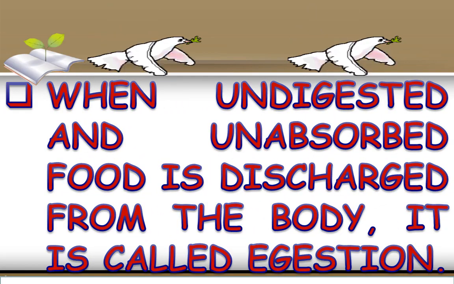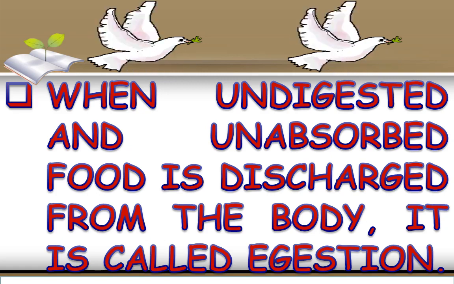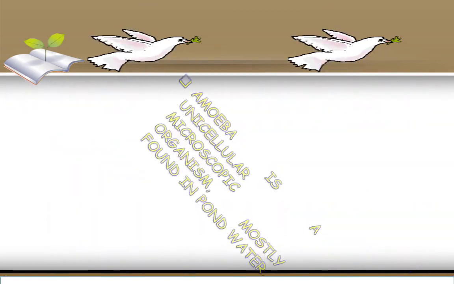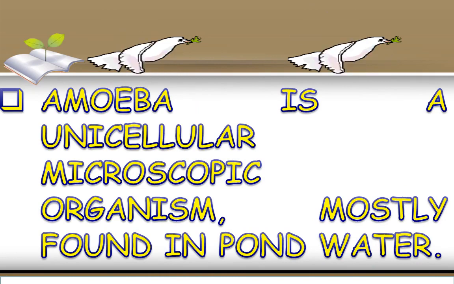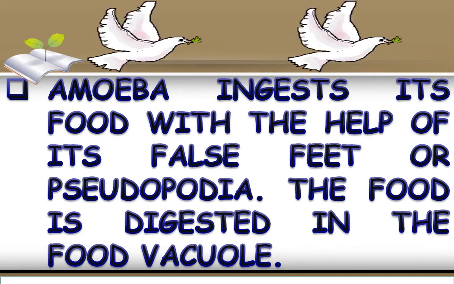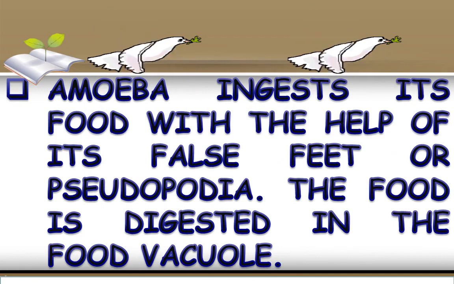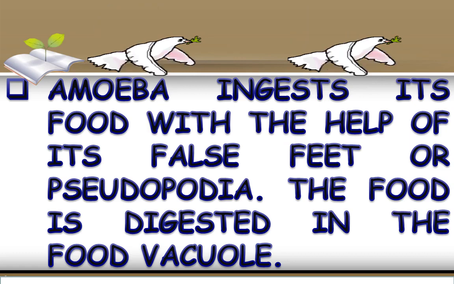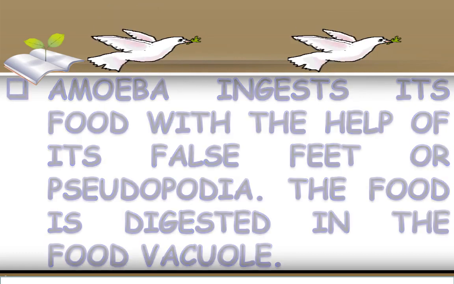When undigested and unabsorbed food is discharged from the body, it is called egestion. Amoeba is a unicellular microscopic organism mostly found in pond water. Amoeba ingests its food with the help of its false feet or pseudopodia. The food is digested in the food vacuole.